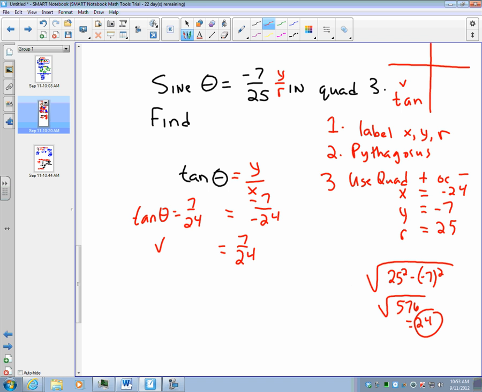Okay, sorry. I was going to give one example like that. What's the first question? It says, what's your value? Cos theta equals 8/17. Right. That's what I was going to do.